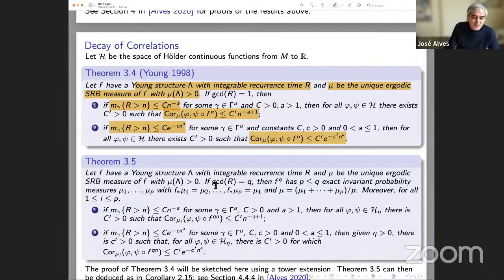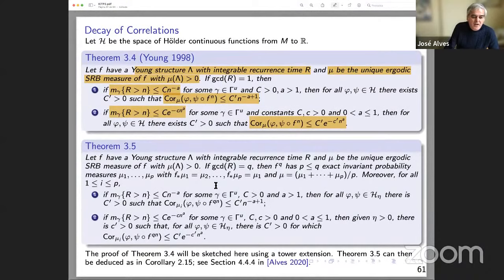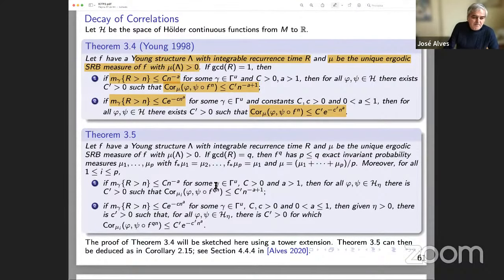And as in the previous situation, we also have a result for the case that the greatest common divisor is not 1. And as before, the proof is very similar. So as before, mu is the unique ergodic SRB measure giving positive mass to the set lambda.